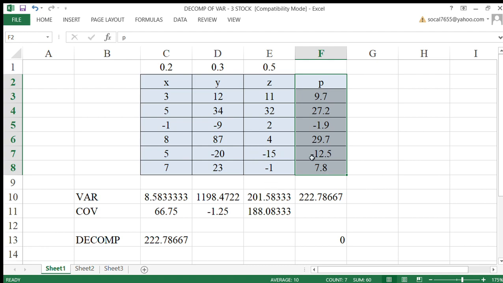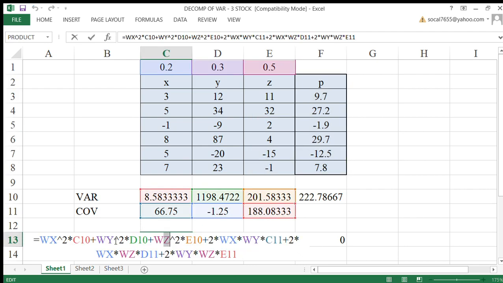And we observed that. But the first thing I want you to know is this number, 222.78667, is the same number that appears here, 222.78667. And we can see that the formula in this cell is what we'll come to know as the decomposition of portfolio return variance formula for a 3-stock portfolio.